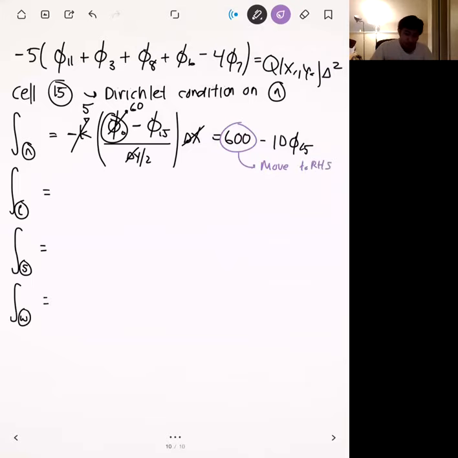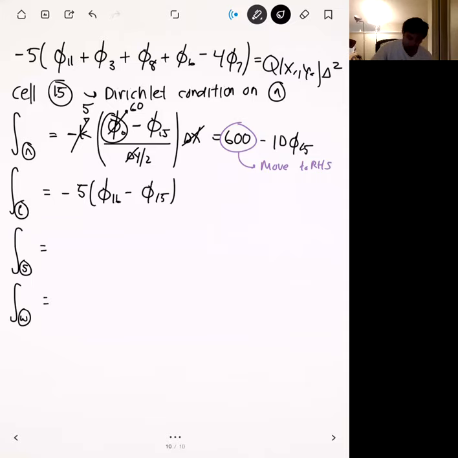All right, and so now let's go ahead and fill in the east, the south, and the west integrals. And those are just not going to change, right? For the east integral, we have the east neighbor, and so we have a minus k, so minus 5, times phi 16 minus phi 15.